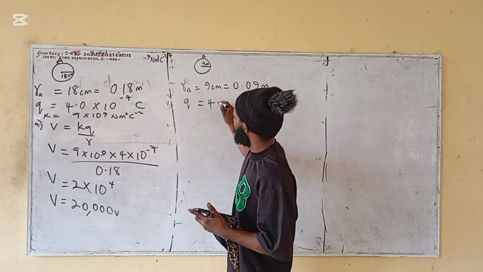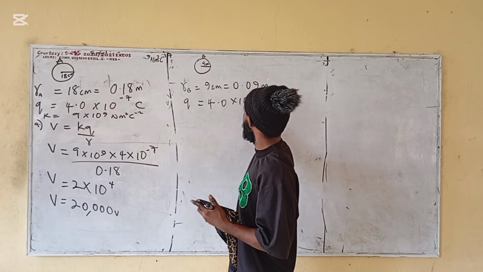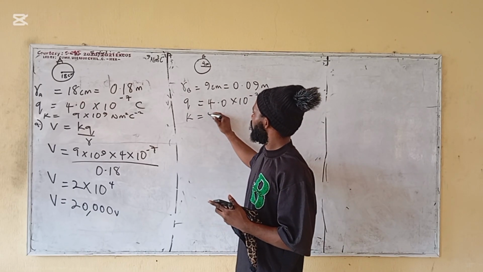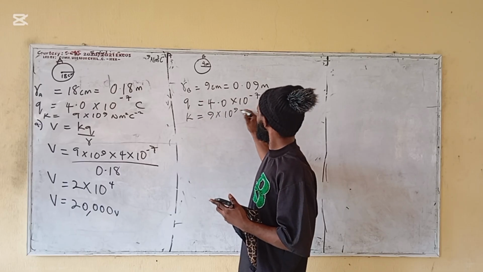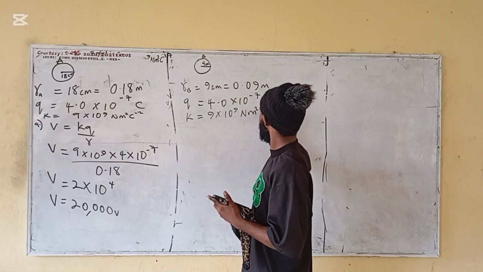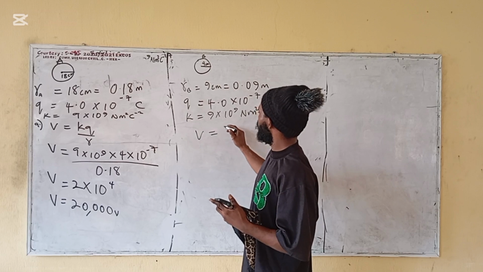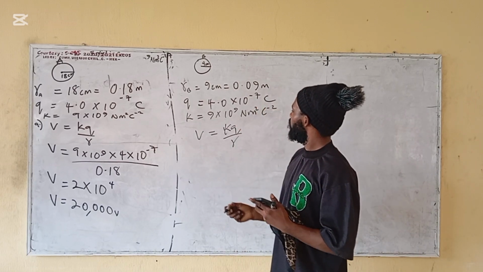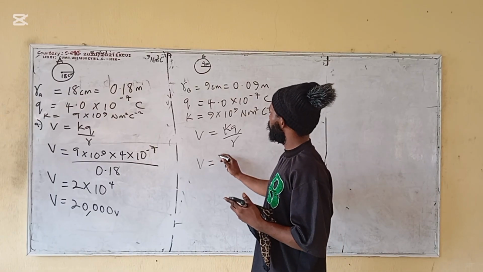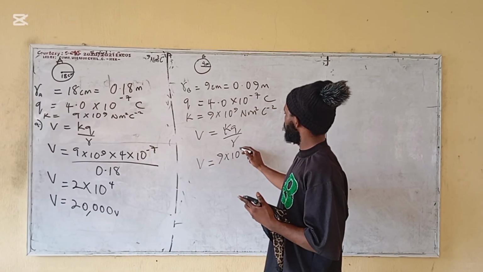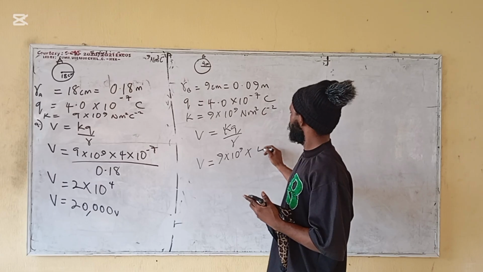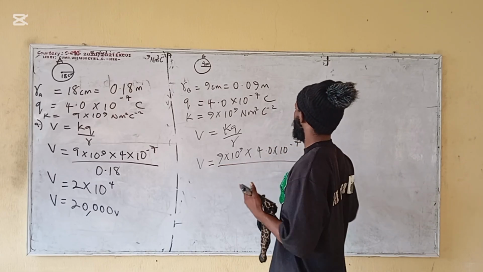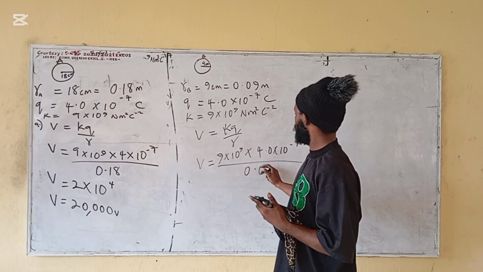So Q equals 4.0 times 10 to the minus 7 C. Then V equals KQ over R. Using the same formula, V equals 9 times 10 to the 9 times 4.0 times 10 to the minus 7, all over 0.09.